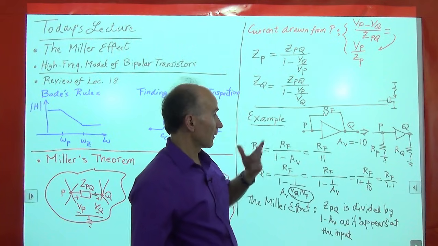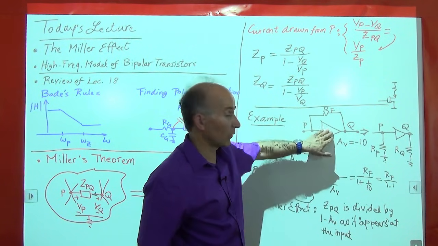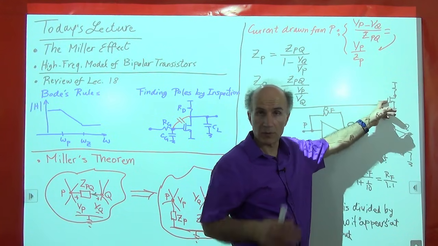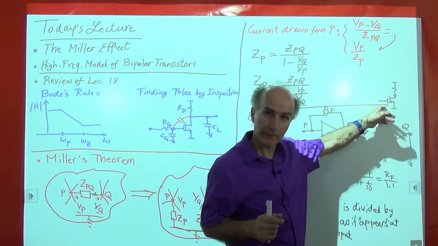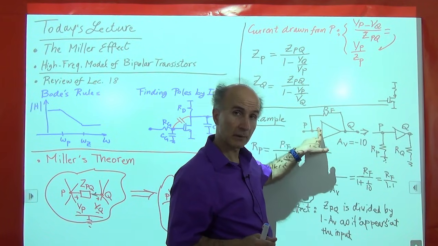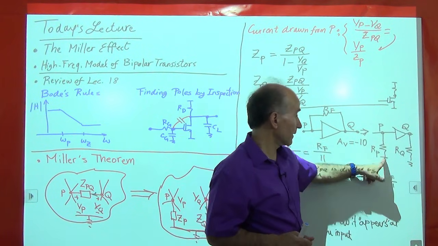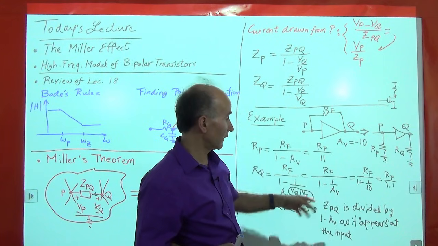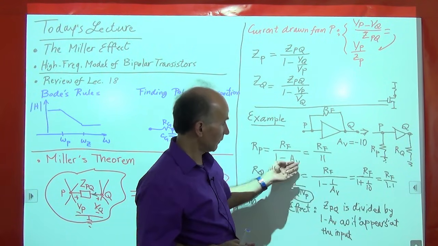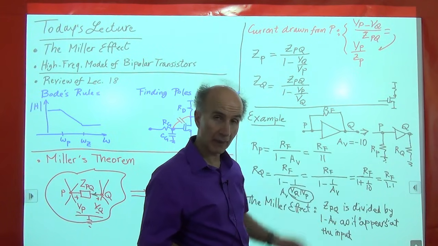So let's say that I bought this amplifier originally, it was a common source amplifier and its input impedance was infinity, right? Okay, but now that I connect this resistor from the output to the input, the input resistance is equal to RF divided by 1 minus the voltage gain. The voltage gain is negative, so RF over 11.